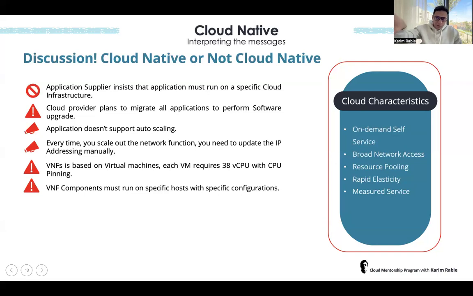You do that because you need to consume the strong networking capabilities of the server. So sometimes, and this is happening on the telco, you explicitly mandate the placement of VMs into certain servers. This is happening, but it's not a cloud native practice.